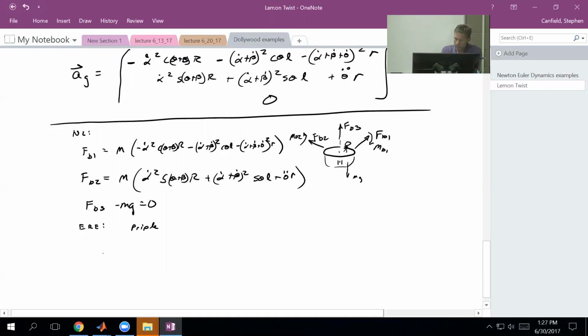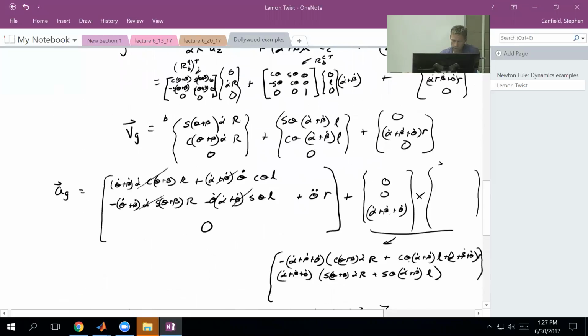So we get the moment about our center of mass. So that's the sum of moments. It's going to give me an MB1 plus, FB3 is not going to cause a moment around 1, and FB2 is not going to cause a moment around 1. So it's MB1 equals I1 alpha 1.